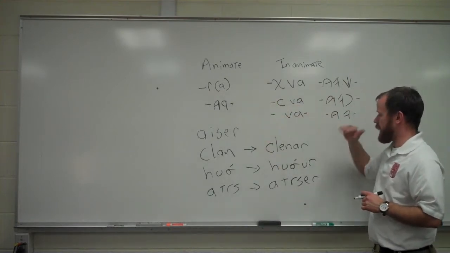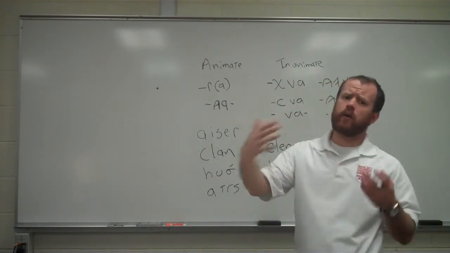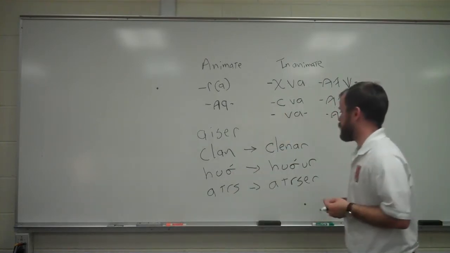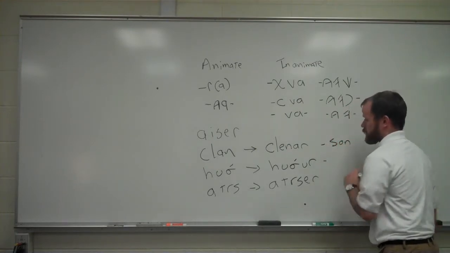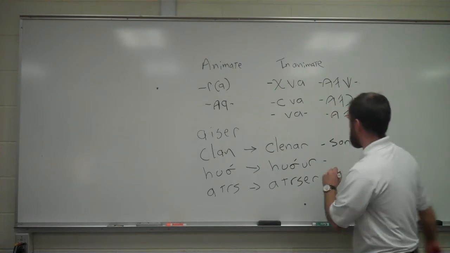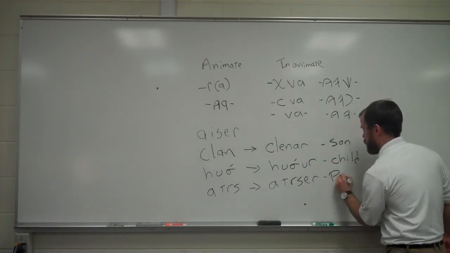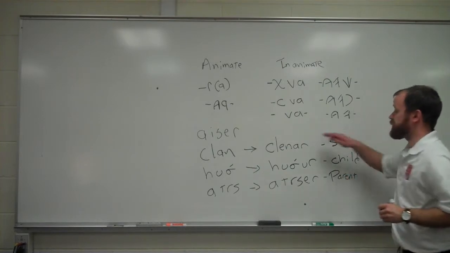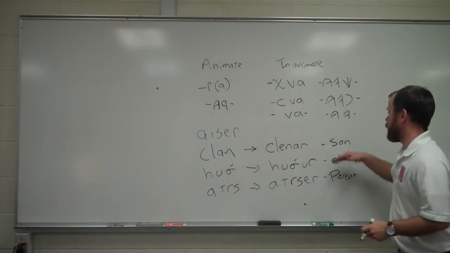Alright? And we have to add in these connecting vowels as well to allow us to easily say the word. So here we have son. This one was child. This one was parent. And you can see this is language that's common in funeral inscriptions.